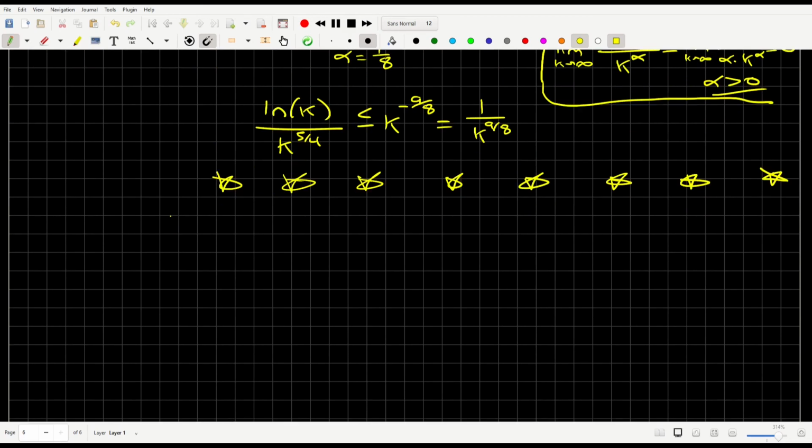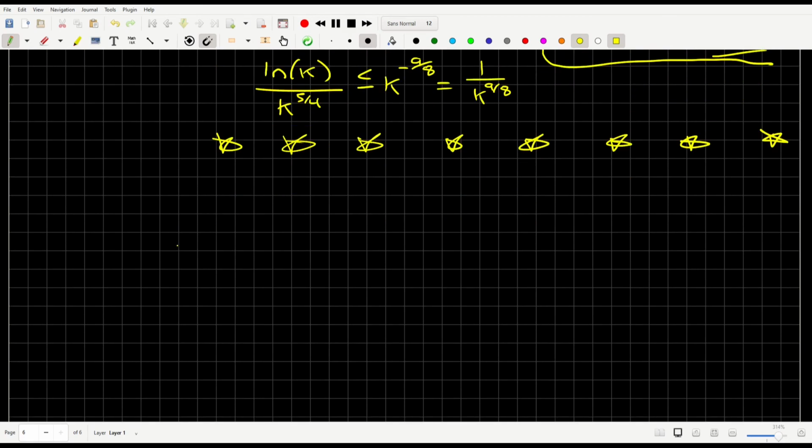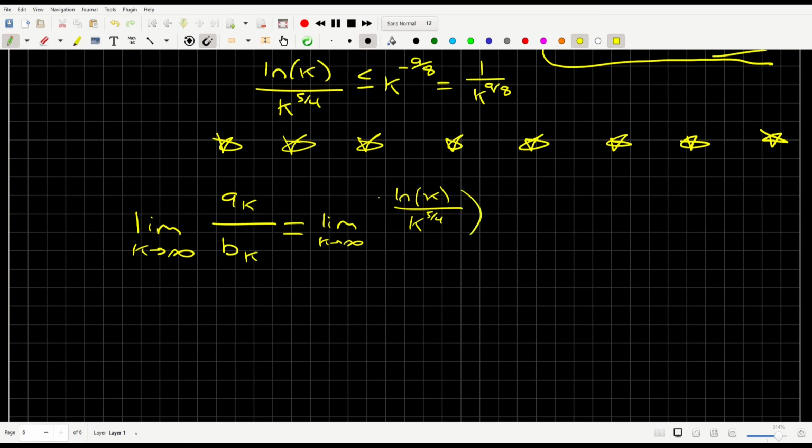So let's go through and investigate that. First we look at the limit as k goes to infinity of our sequence a_k of complicated terms over our sequence b_k of comparison terms, which is the limit as k goes to infinity of natural log of k over k to the 5/4, over 1 over k to the 9/8.